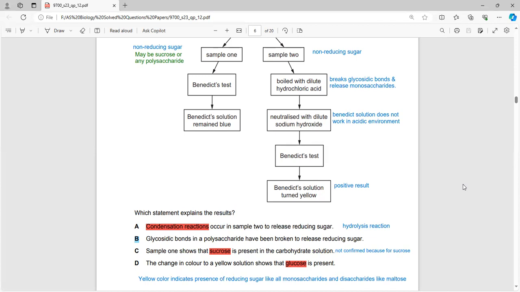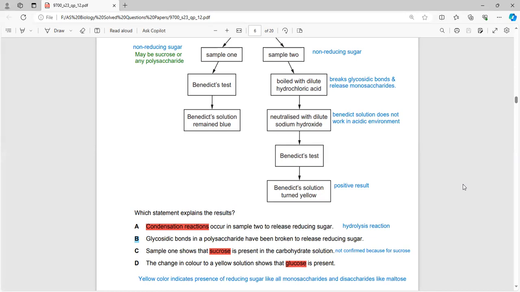Option B: the glycosidic bond in a polysaccharide has been broken down to release reducing sugar. It is the correct option. Why? Because when we add the hydrochloric acid, it breaks the glycosidic bond and releases reducing sugar.